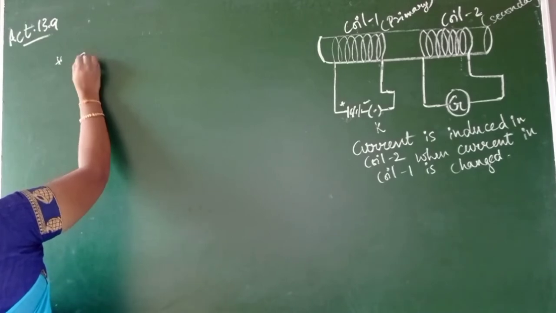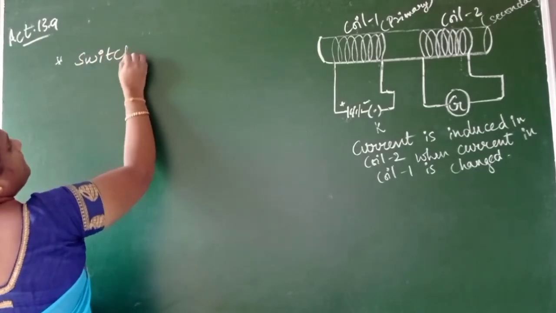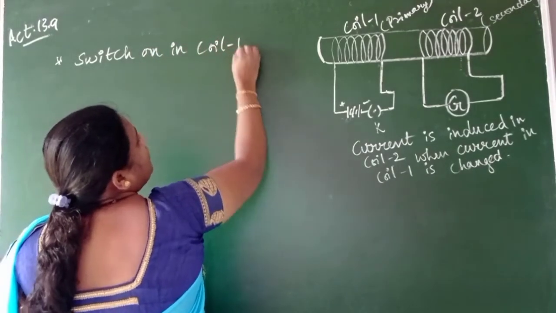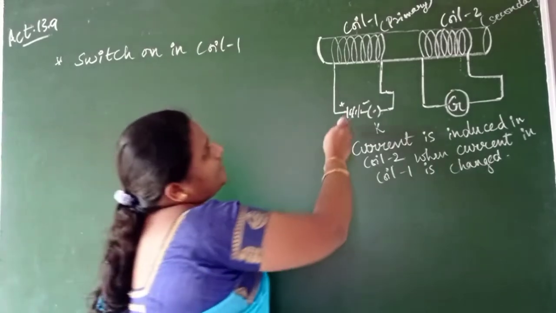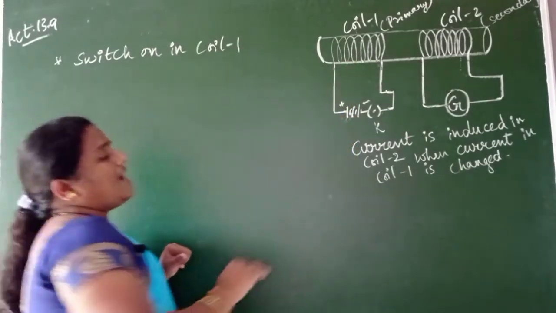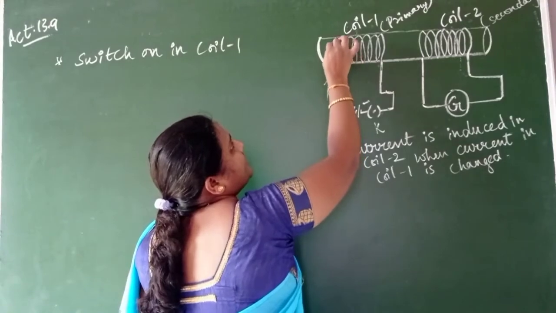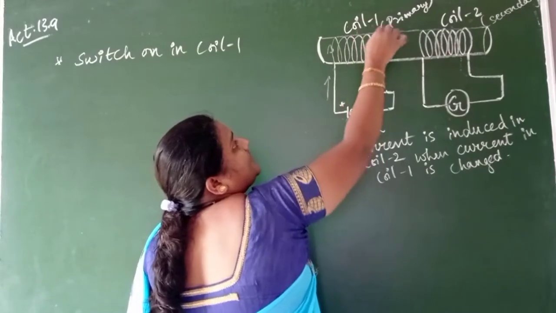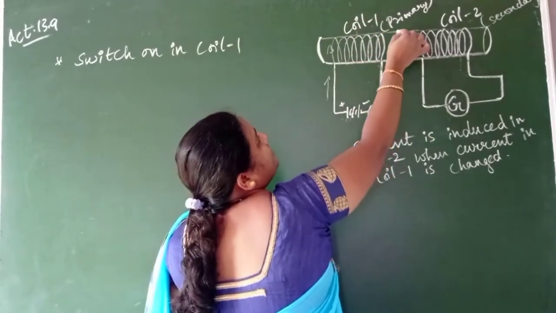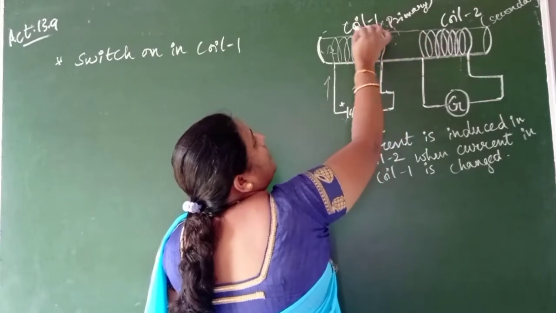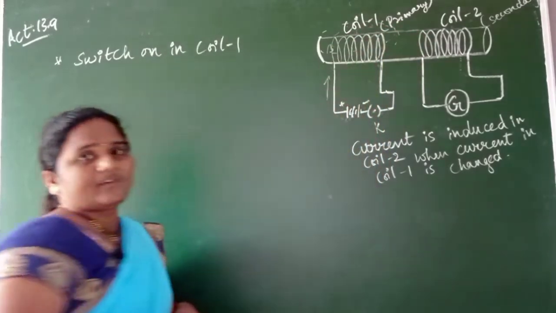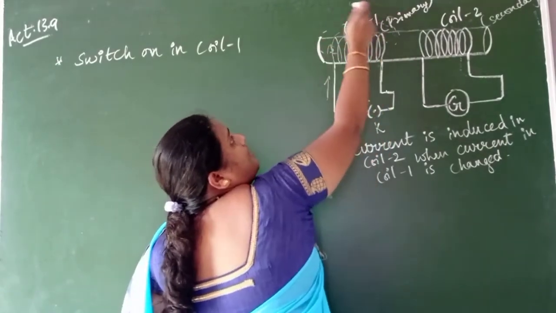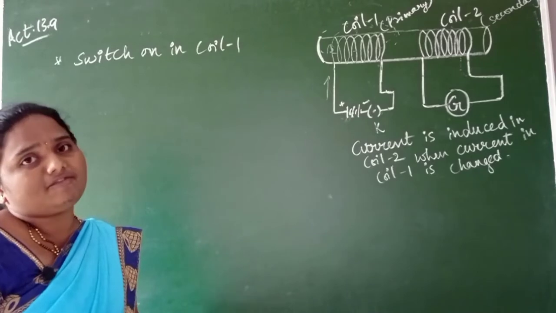When you switch on coil 1, what happens? An electric current starts flowing, isn't it children? As soon as the current starts flowing, a magnetic field is produced around the first coil; we can find magnetic field lines around it.